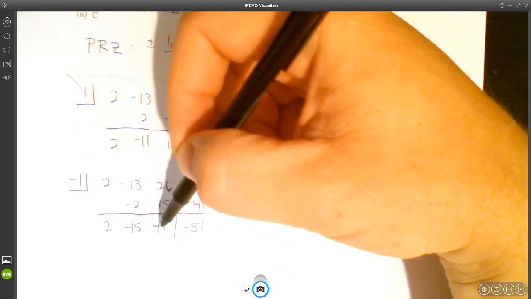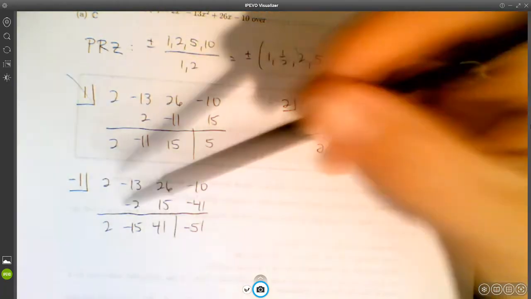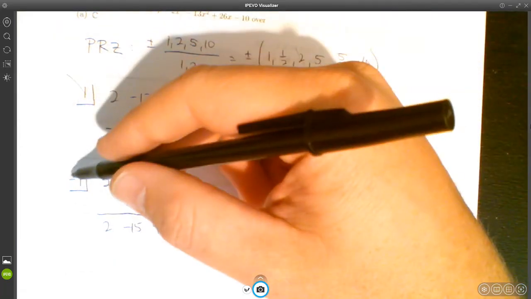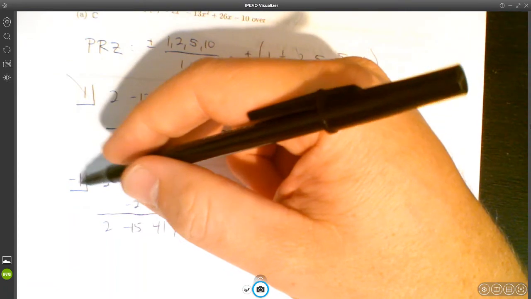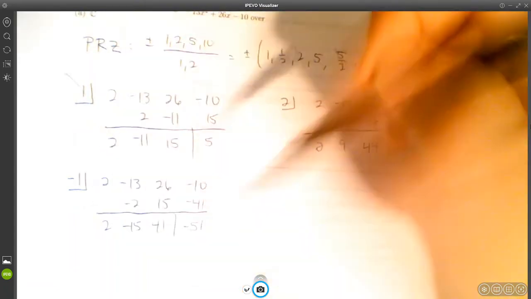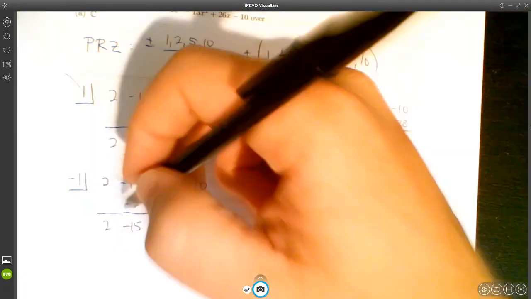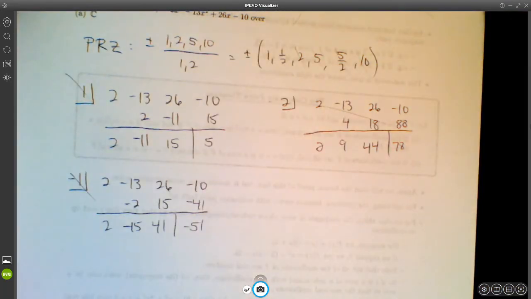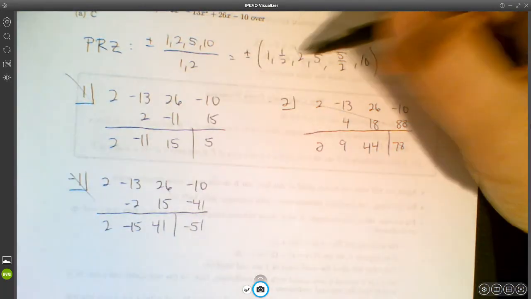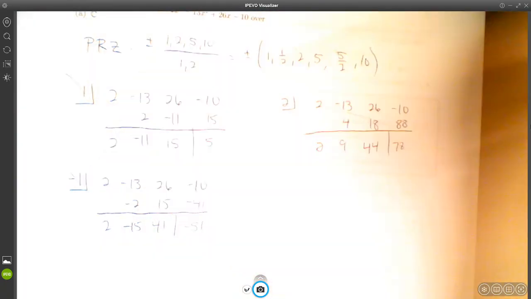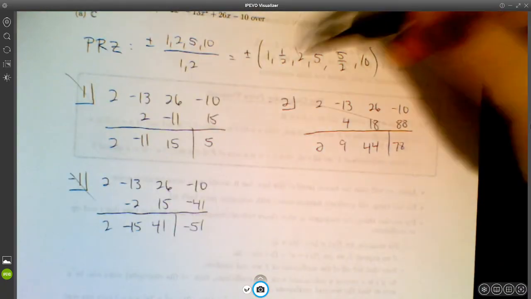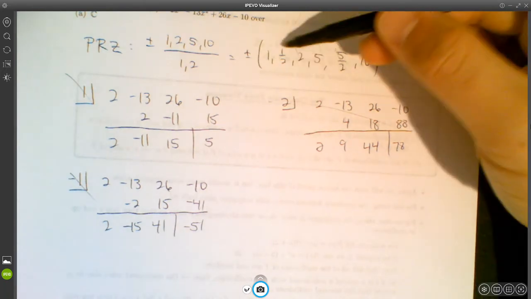And when you get a row of alternating numbers down here, that tells you you found a lower bound. So if you get a row of alternating numbers and you're testing for a negative zero, then you've got a lower bound on your zeros. So that's interesting. So I don't need to test -2, -5, -5 halves, or -10 because I already know -1 is a lower bound. So I guess I'm going to have to test some fractions, right?